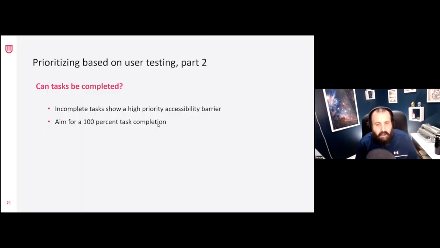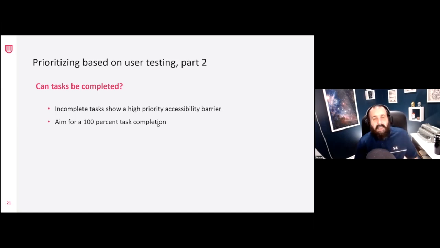So let's talk about prioritizing based on user testing. What we find when companies engage in user testing for the first time is that there are a lot of incomplete tasks. Those being tasks that you ask a user to attempt to perform on your product or website that they are unable to complete.